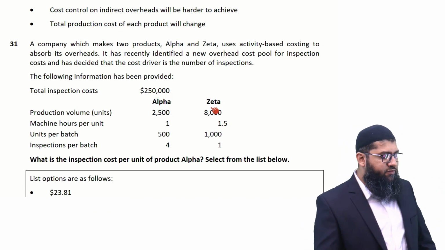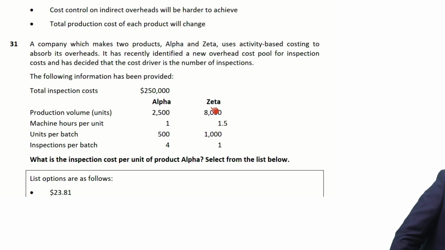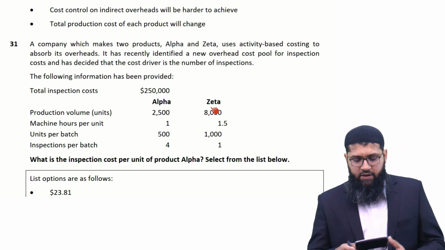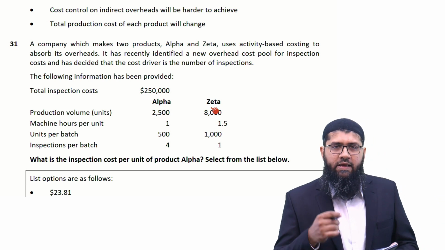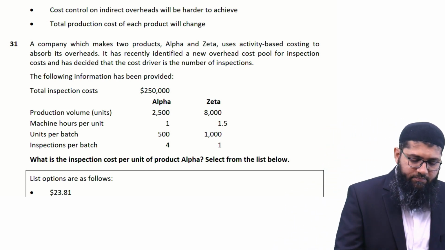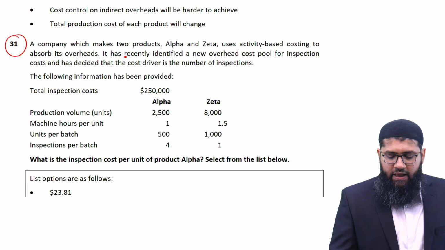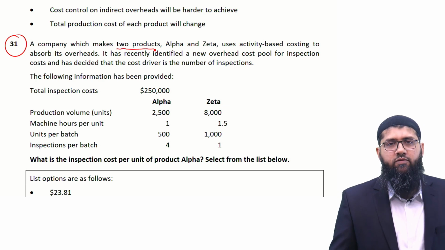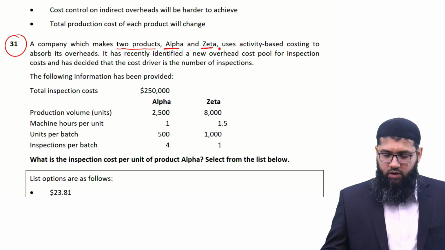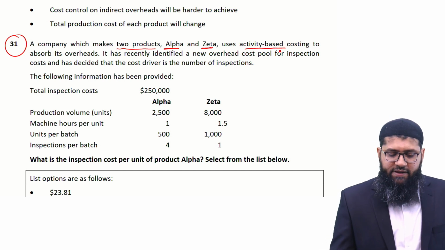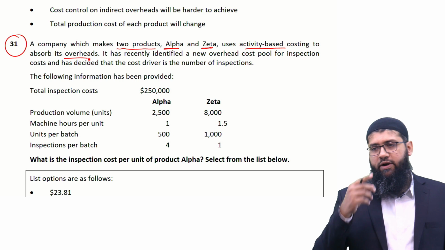We have an example in front of us, which is question number 31 from the revision kit. It's an MCQ which we will use to help you understand the activity-based costing concept. It says a company makes 2 products. What are the 2 products? Alpha and Zeta. It uses activity-based costing to absorb its overhead.